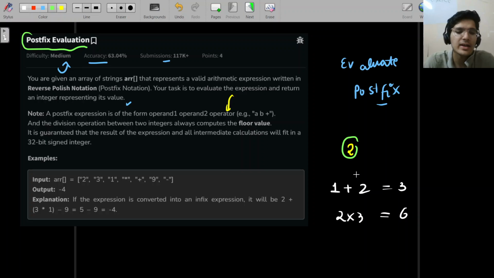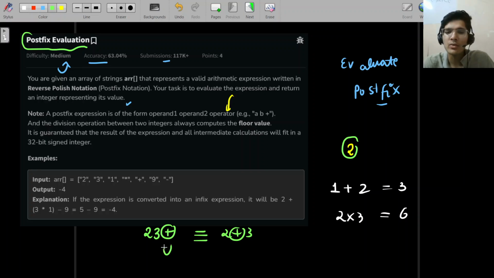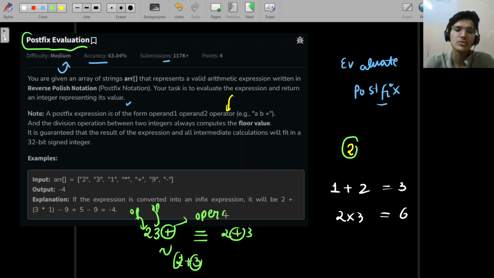So what postfix does is it puts the operands first, then the operator. So it's like 2 3 +, which is equivalent to 2 + 3. It means the plus sign goes between the two operands. These are known as operands, and this is known as the operator. Operator means plus, minus, divide, multiply. Operand means the values on which the operation is applied.